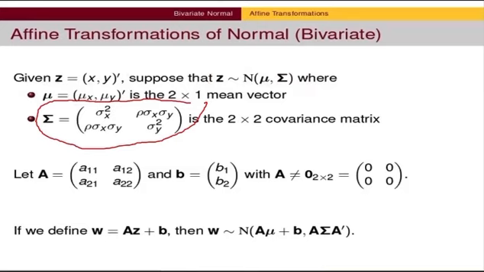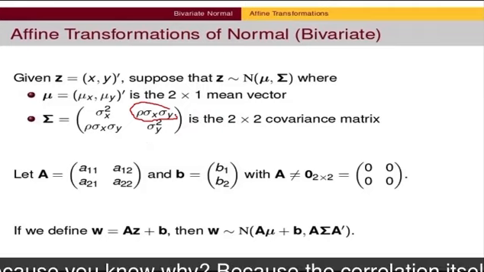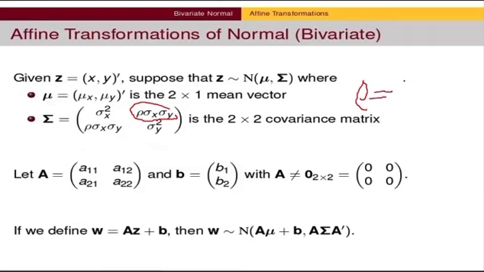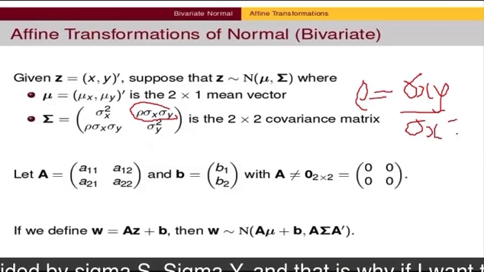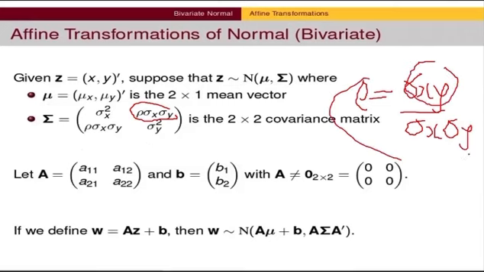How am I going to calculate covariance? Covariance is the product of the correlation and the standard deviation of each of X and Y. Because the correlation itself is actually the covariance of X and Y divided by sigma X times sigma Y. And that is the reason why, if I want to find this one, it's going to be the product of that.